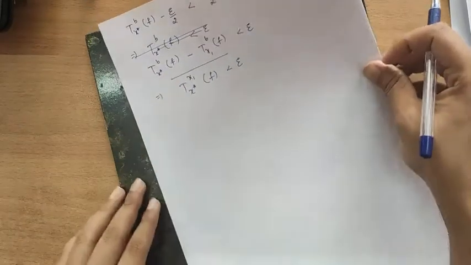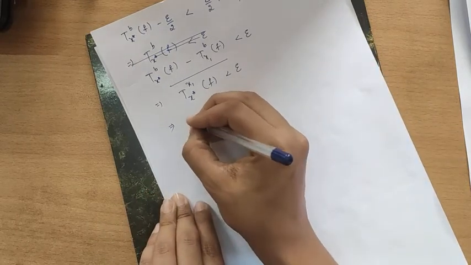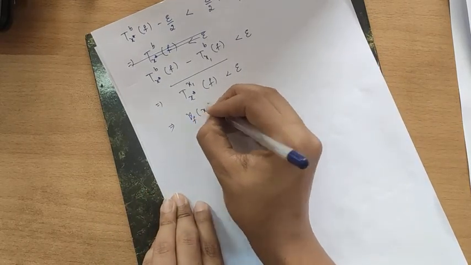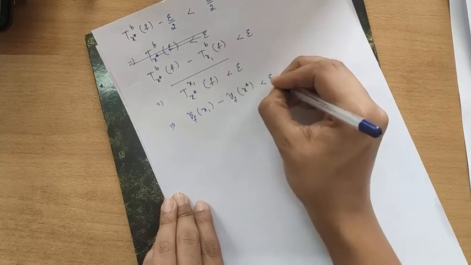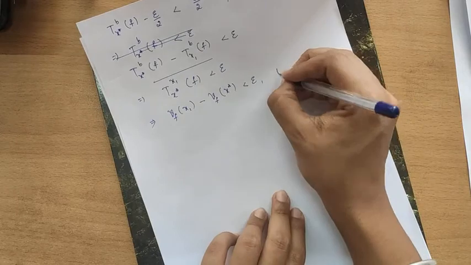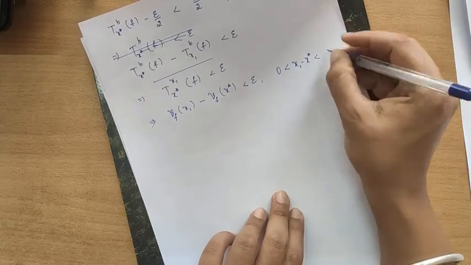This is your total variation. So if you consider the positive and negative variations, Vf of x1 minus Vf of x star will be less than epsilon for 0 less than x1 minus x star less than delta.